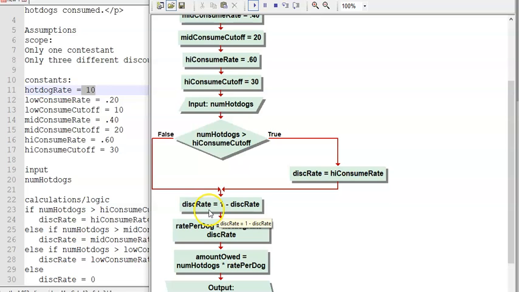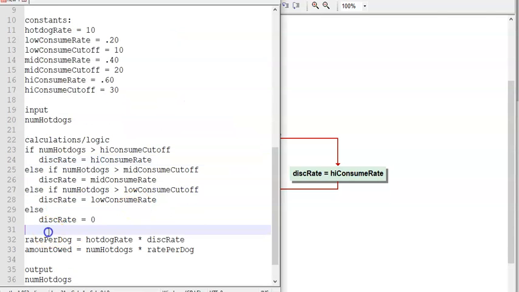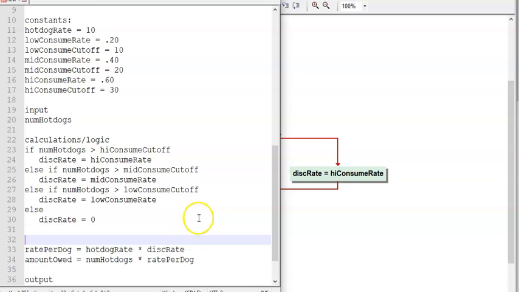So now that I did that, now I have to come over here and fix my problem statement. So above this rate per dog, I'm going to say the disk rate is going to be equal to 1 minus disk rate. Now I could have come over here and said the hot dog rate equals 1 minus the disk rate.